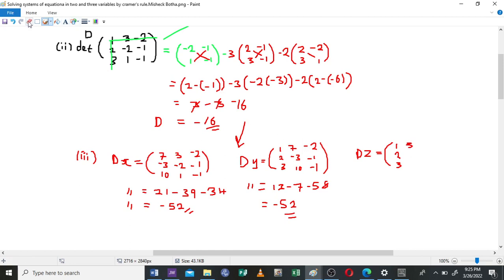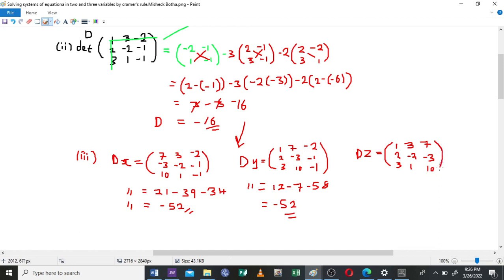Okay, let me just write that one properly. So where we have 3, we have negative 2, we have 1, and our third column is substituted by 7, negative 3 and 10 right there.